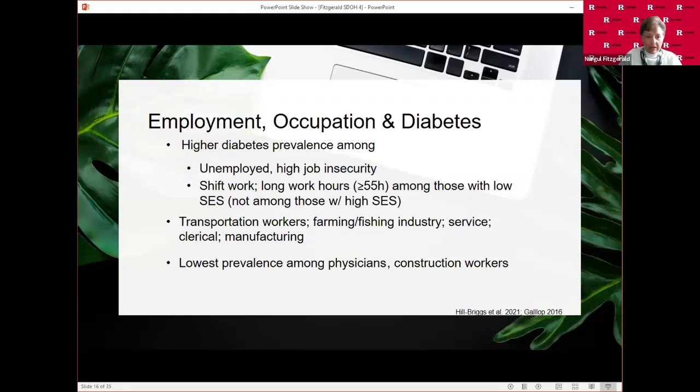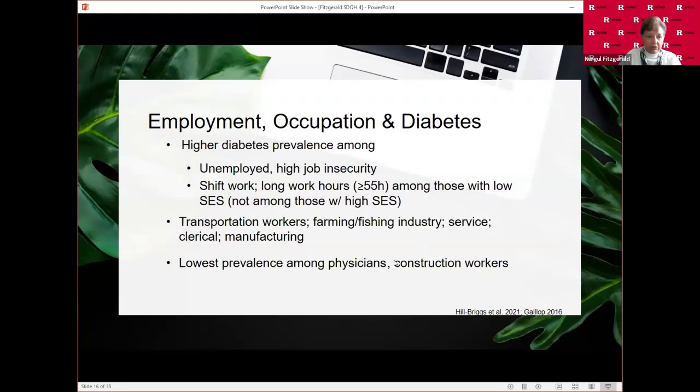We also see higher diabetes rates among shift workers and those who work long hours, 55 or more hours per week. But we see this long hours effect only among those with low socioeconomic status. We don't see the same effect among people with high socioeconomic status.